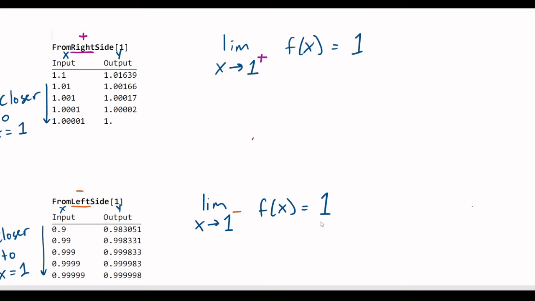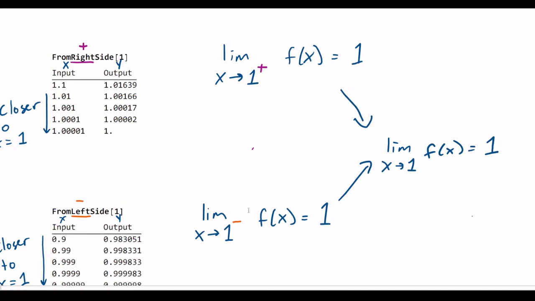So if the limit from the right is 1, the limit from the left is 1, these combine to tell you that the limit as I approach 1 of this function is 1. I got it from the right, got it from the left. I'm good to go. So our limit exists and equals 1.